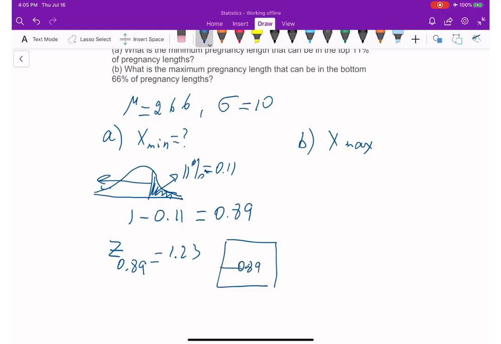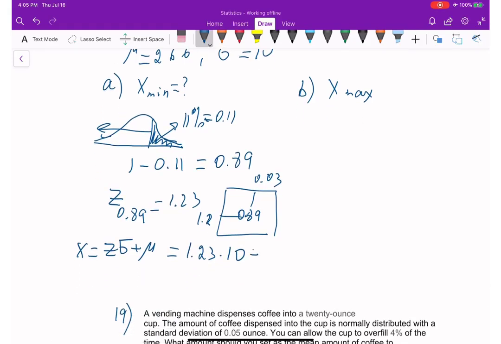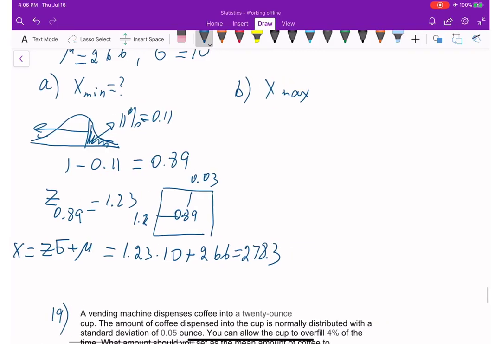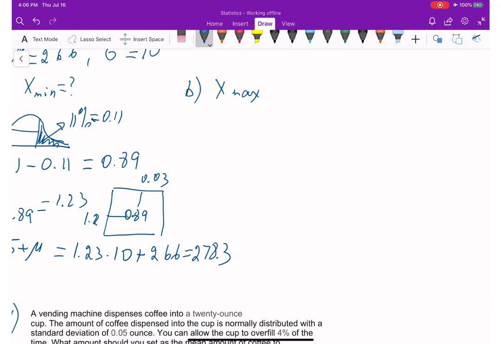So you come here, it should be 1.2, and come here, 0.03. 1.23. Okay. So formula for X is equal Z sigma plus mu. We have Z 1.23, we have sigma, which is 10, and plus mu is 266, and the answer is 278.3.